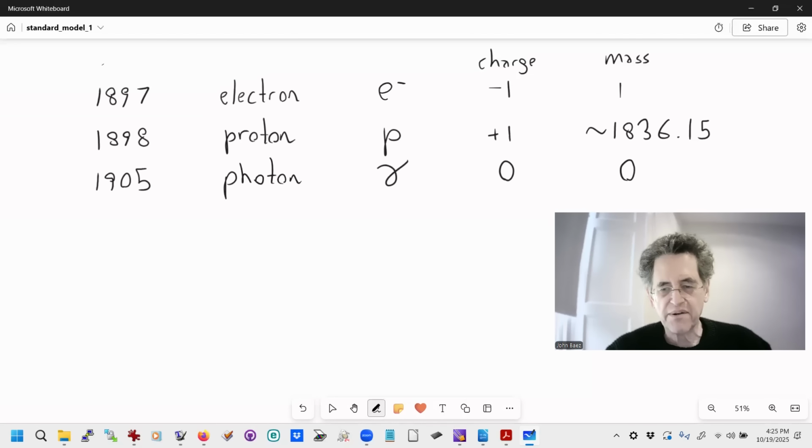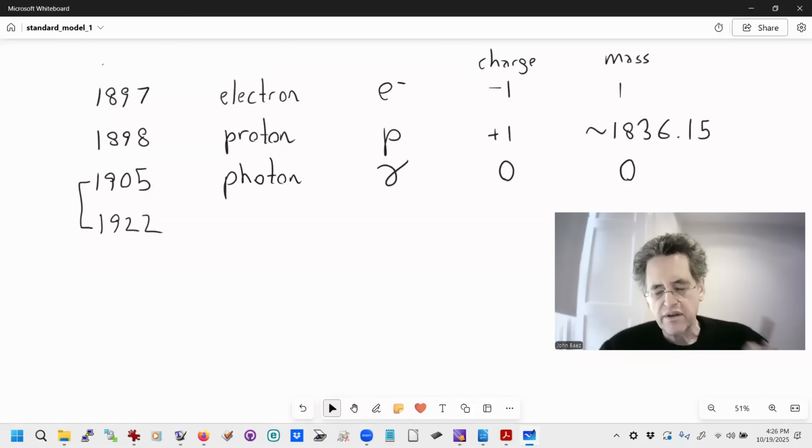And it wasn't until later that Einstein and others started inventing quantum mechanics to explain this, and also to realize that photons must have momentum as well as energy. And so it was by 1922, quite a bit later, that Compton was able to measure the momentum of photons, that is, to actually do experiments where you can feel photons hitting things.